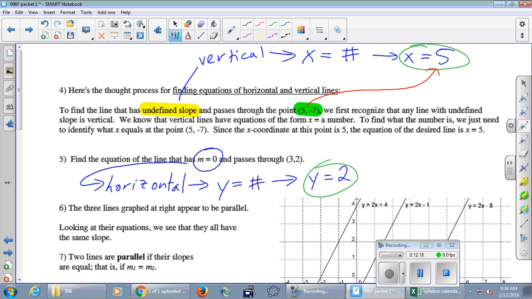These questions are going to show up on the next quest and on the first test. They're really easy as long as you can follow this little detective process that we follow. But it's also easy to get it wrong, because some people put y equals 3, and that isn't it. Some people put x equals 3, which also isn't it. Some people put x equals 2, which isn't it.